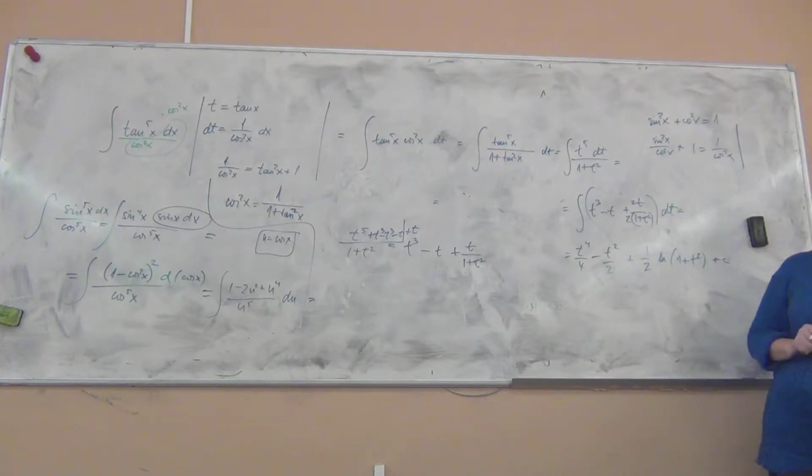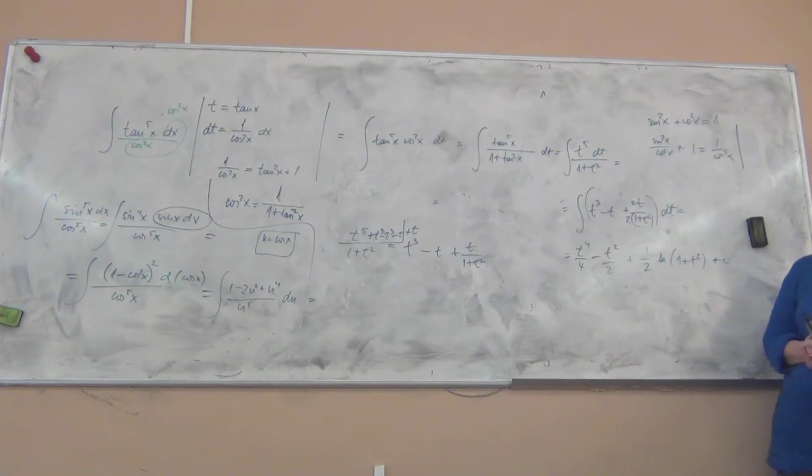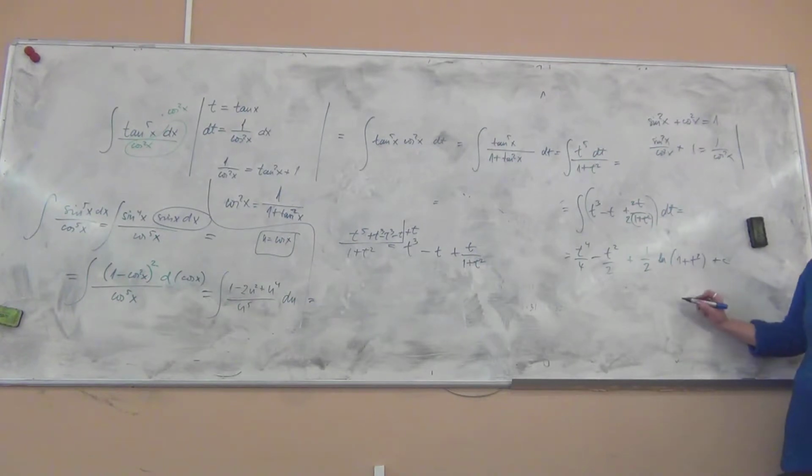So 2 different methods, but actually there are more possibilities. There are more methods with a little bit of inventive thinking, some more inventive substitutions. There is a universal trigonometric substitution as well, which I'm not showing to you, but perhaps so.